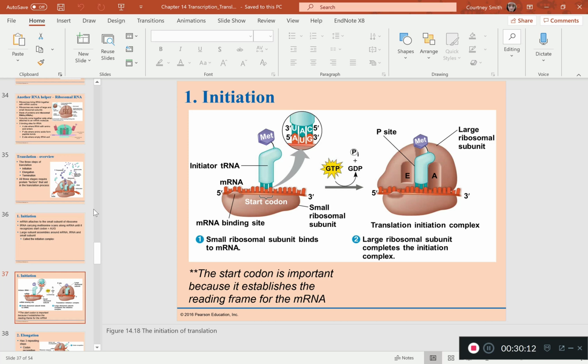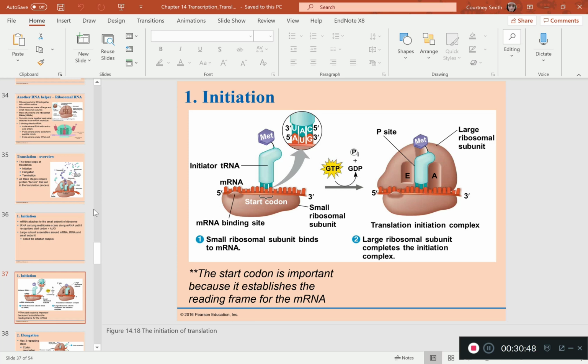And that will happen whenever it comes across something called a start codon. That start codon is AUG. A bad way of remembering it is that school starts in August, so AUG. It's very, very important, that start codon, because it will establish the reading frame, meaning it will determine how the ribosome will translate the mRNA. So that is the start process.